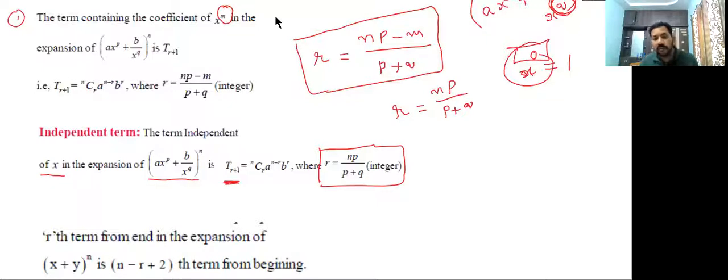If you got a fractional part or negative value, at that time there is no independent term. There is no x^m coefficient. So if the r value is an integer, then we will find the coefficient. Otherwise, it cannot exist.